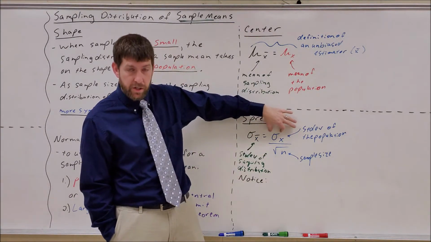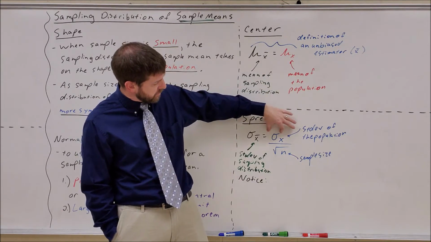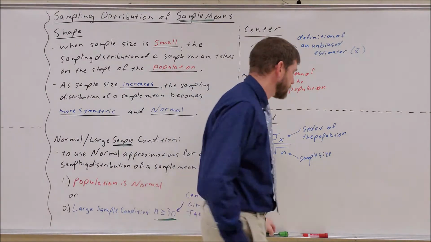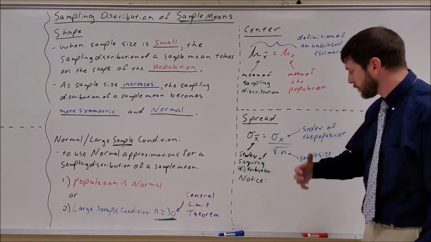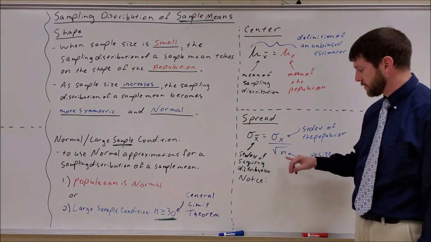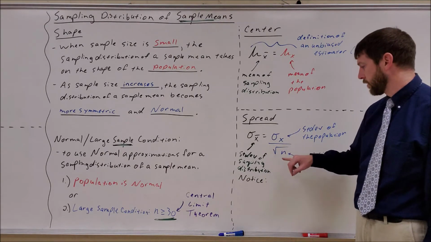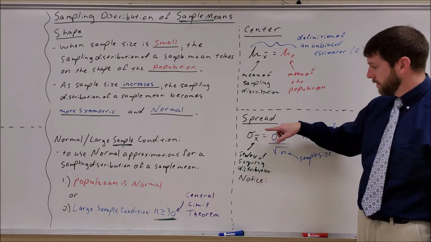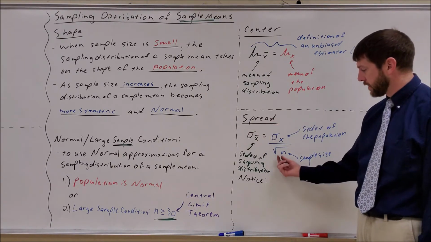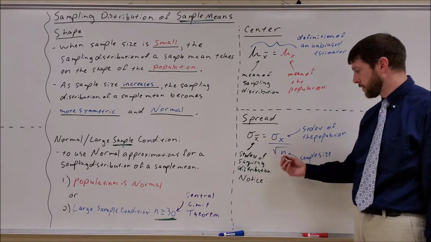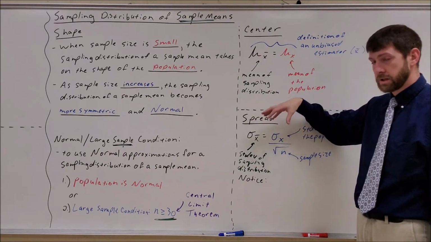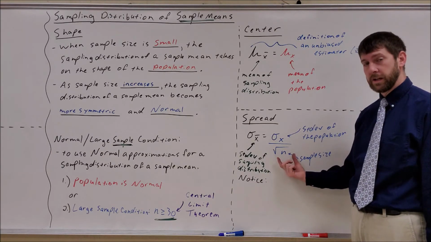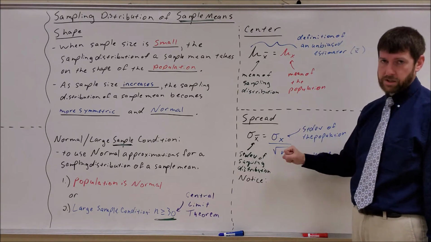What's going on in the population from a spread standpoint, standard deviation of x, and then we're adjusting it for sample size, divided by square root of n. With that n being in the denominator, the sample size has a big influence on this standard deviation. Because if that denominator is really small, the whole fraction is going to be really large. If that sample size is really big, then the whole fraction becomes smaller.